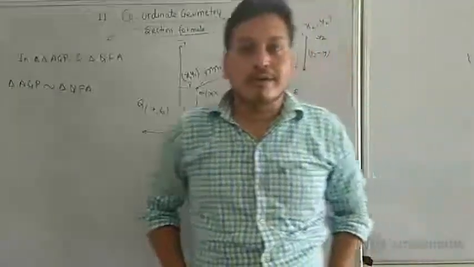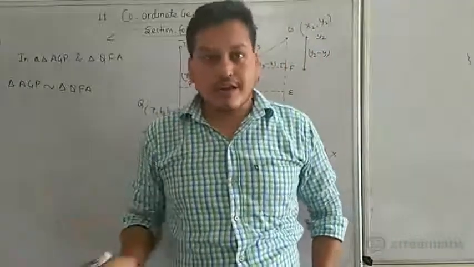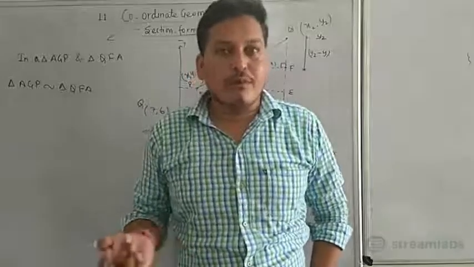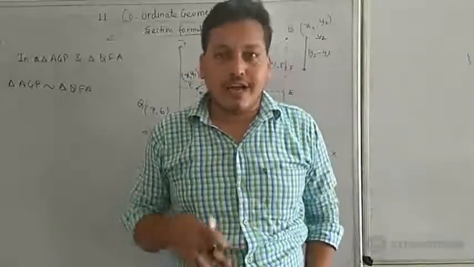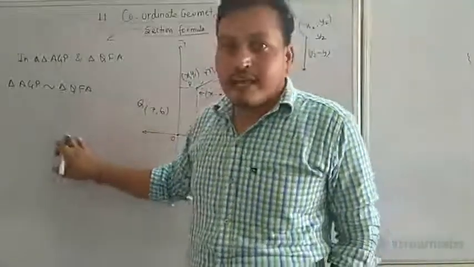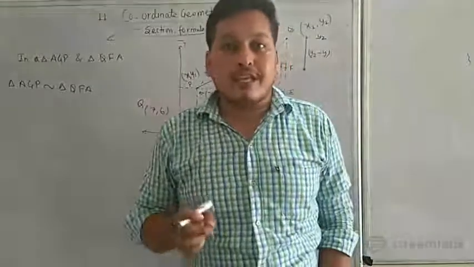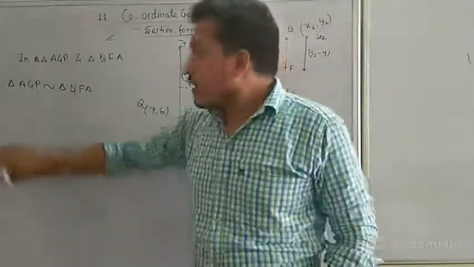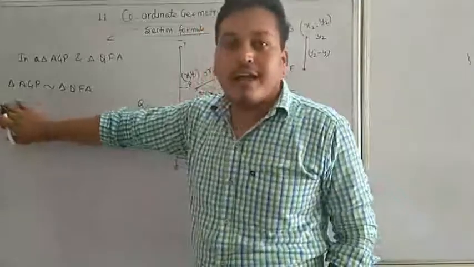Similarity is a new topic in our syllabus. तो after this chapter, after loci, similarity is starting. So how can we apply the similarity here? I will explain the basics of similarity in the chapter of similarity. Here I am only using the rule of similarity.